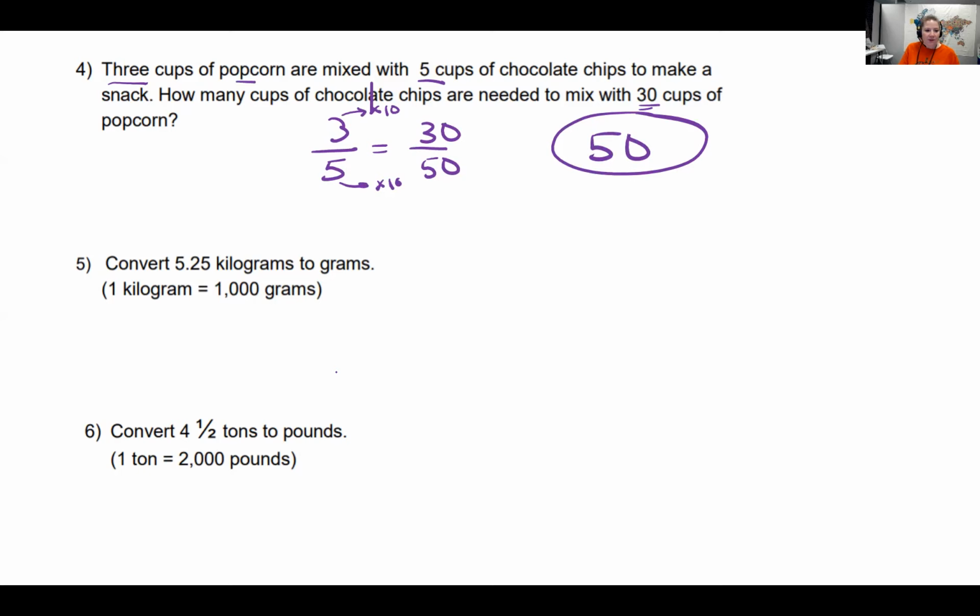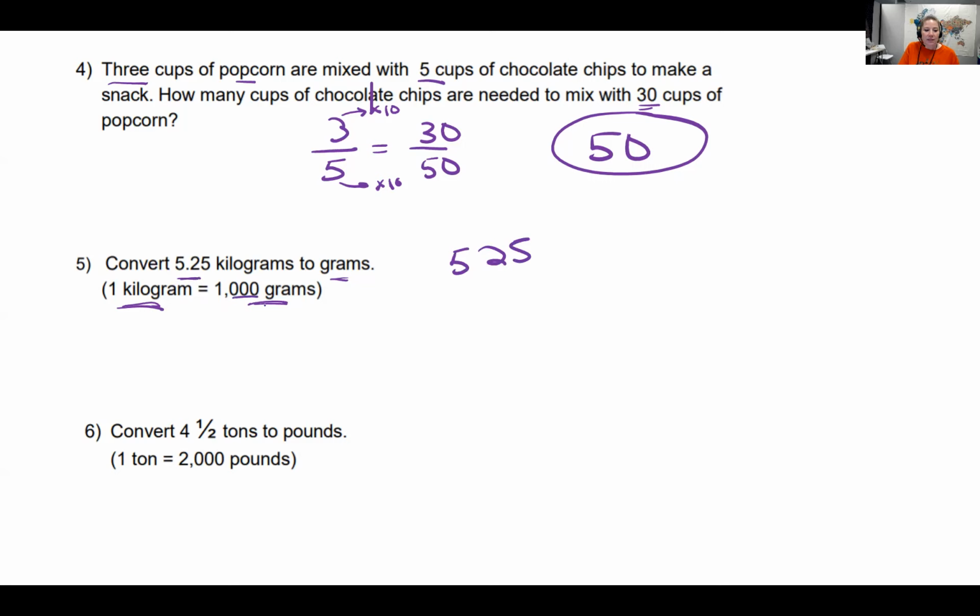All right, number 5, we are converting 5.25 kilometers to grams. It says 1 kilometer has 1,000 grams, which simply means we are multiplying 5.25 by 1,000, and multiplying by 1,000 moves our decimal to the right.